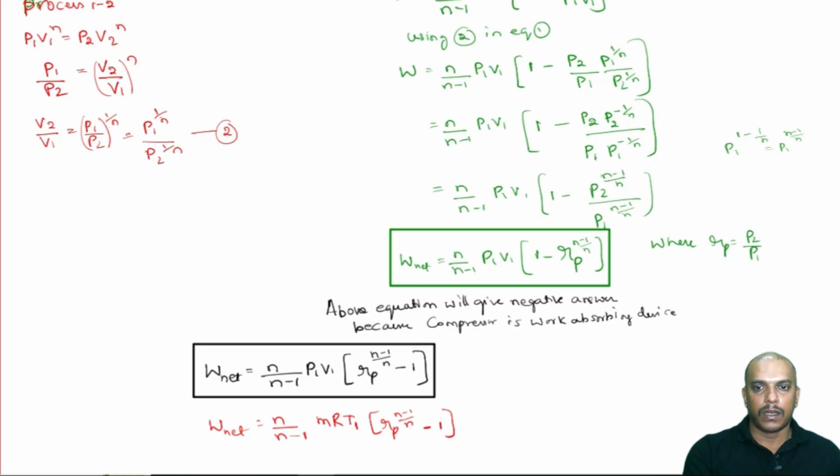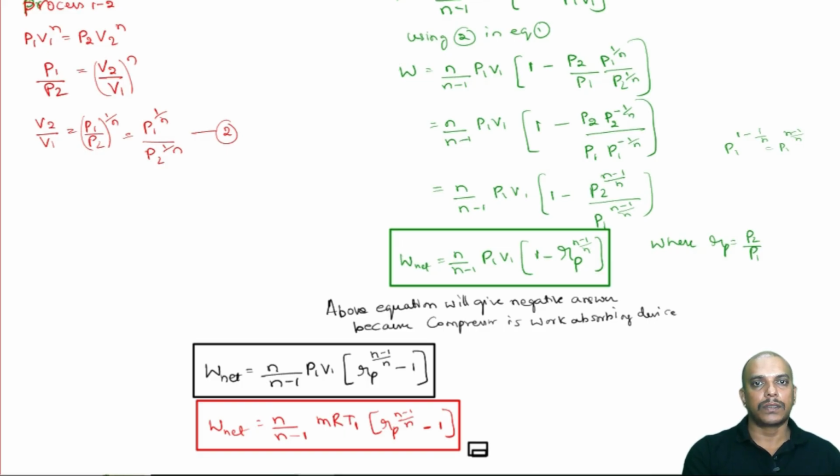So, this equation also gives you the same answer. All right. So, these are the work transfer equations for a single stage compressor without clearance volume. Work required for a single stage compressor without clearance volume.